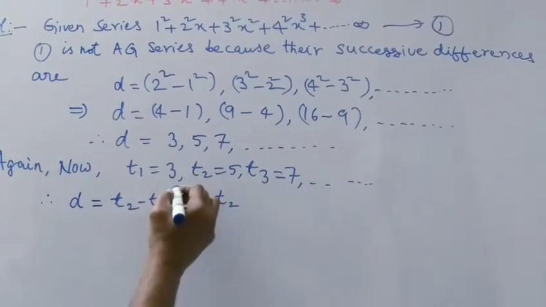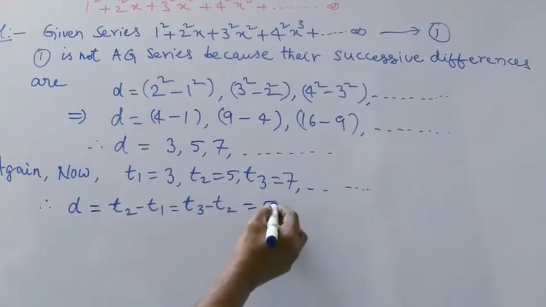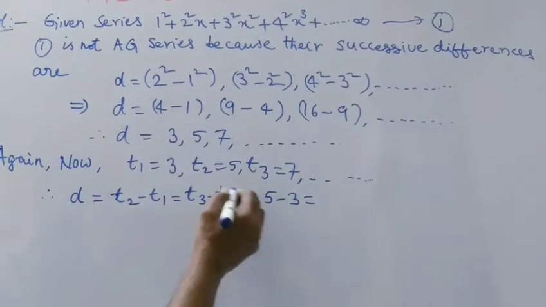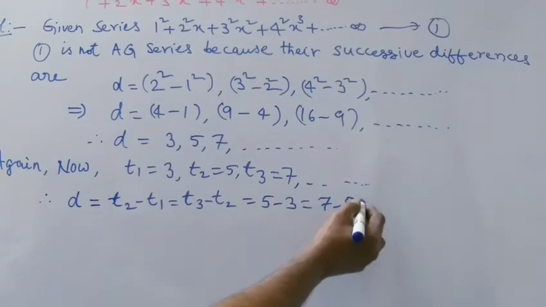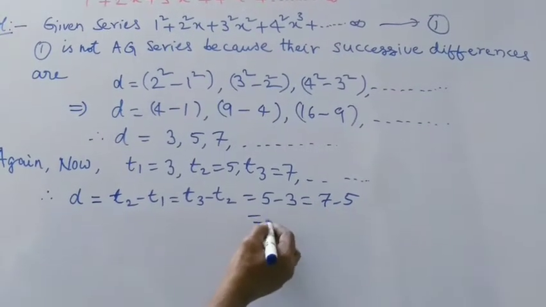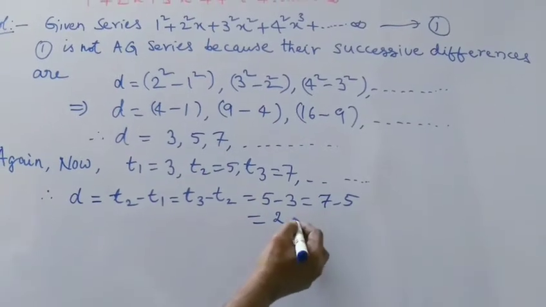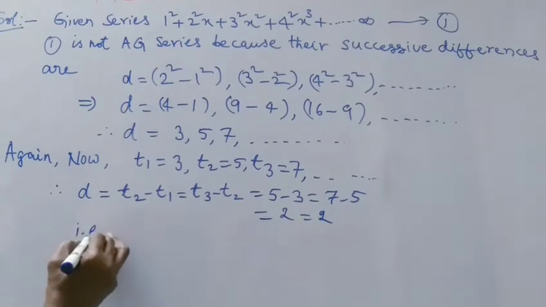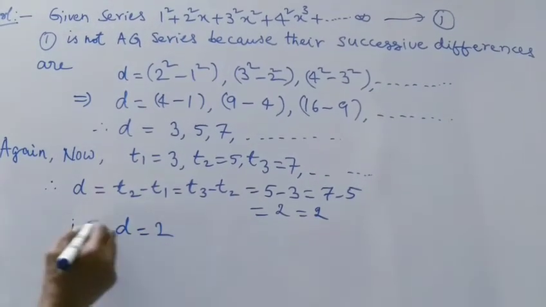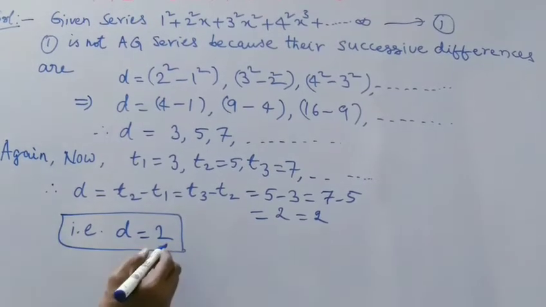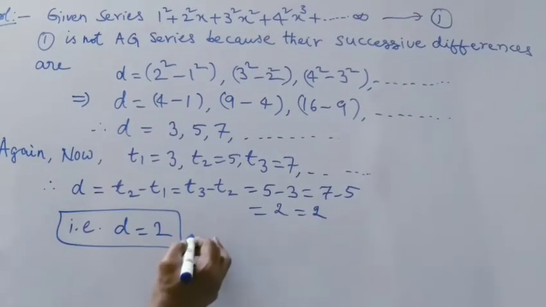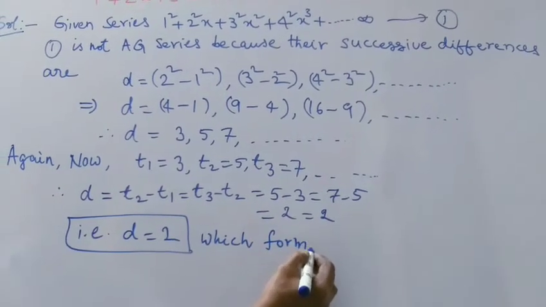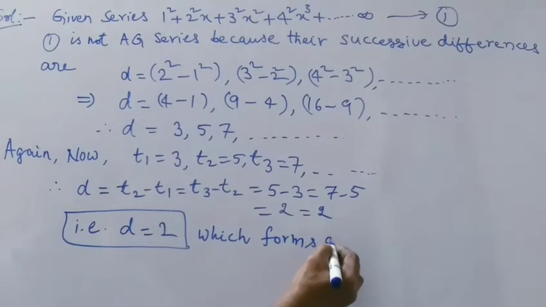T2 minus T1 is 5 minus 3, and T3 minus T2 is equal to 7 minus 5. So 5 minus 3 becomes 2, 7 minus 5 becomes also 2. That is, d is equal to 2. Common difference is equal to 2, which forms an arithmetic progression.